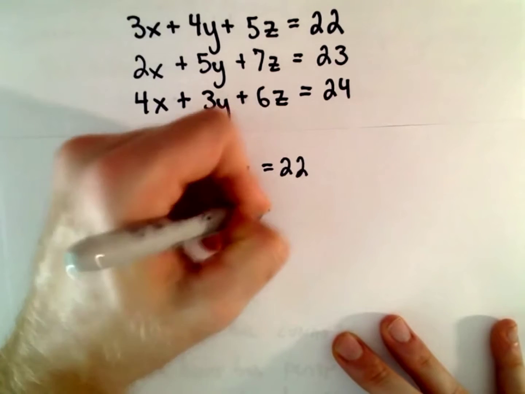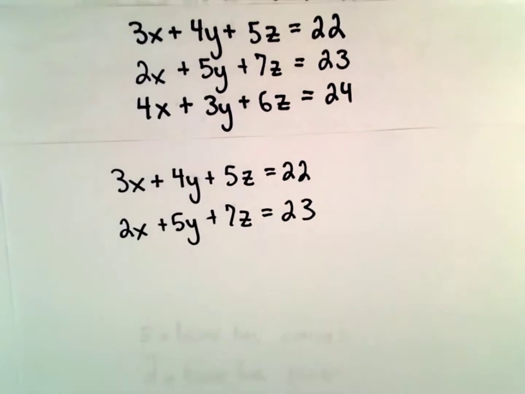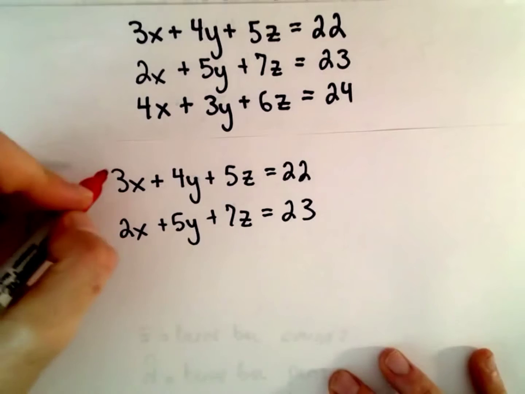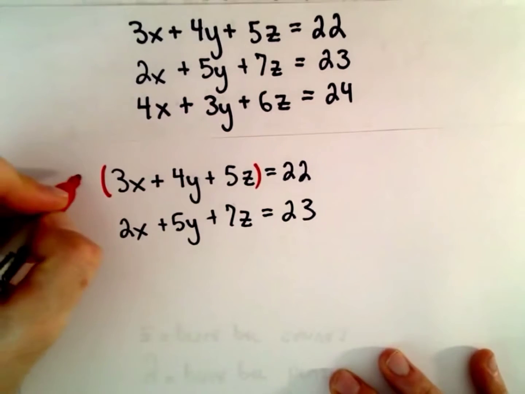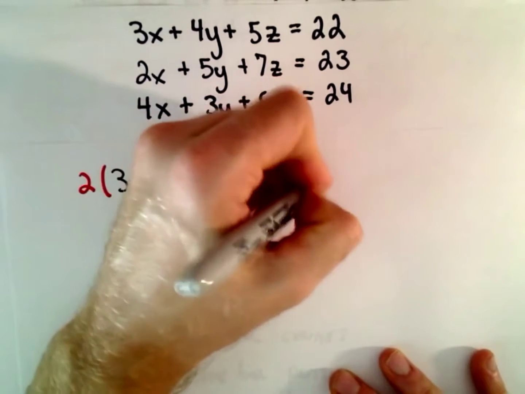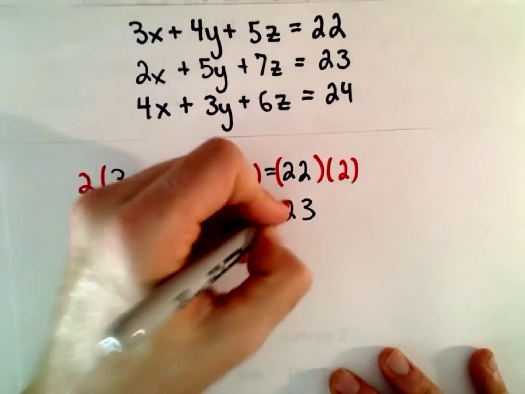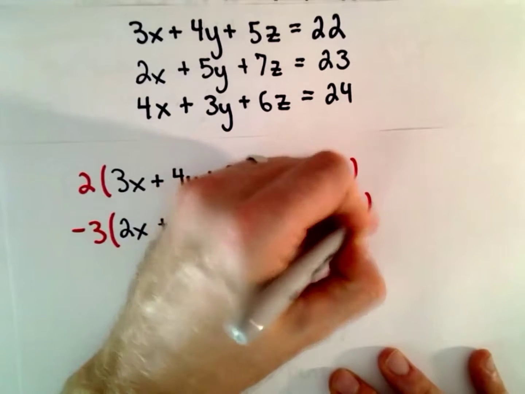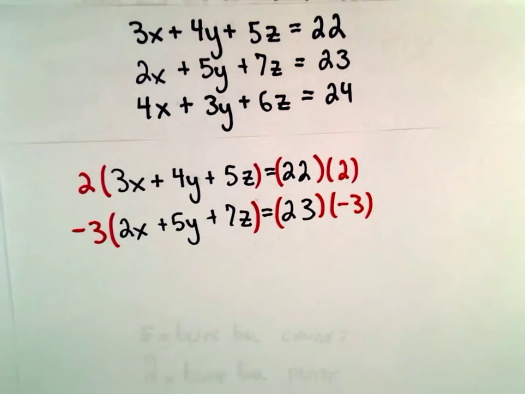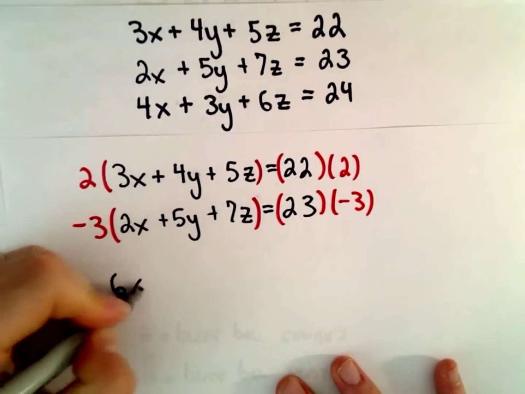Since the first equation is 3x plus 4y plus 5z equals 22, we will multiply it by 2. Then our second equation, which is 2x plus 5y plus 7z equals 23, we will multiply it by negative 3.